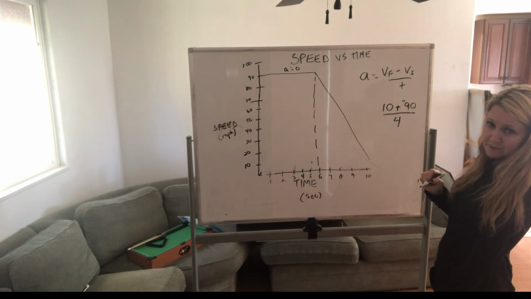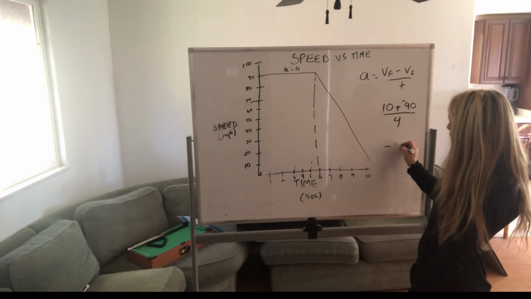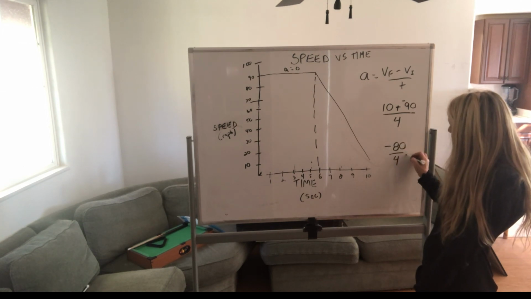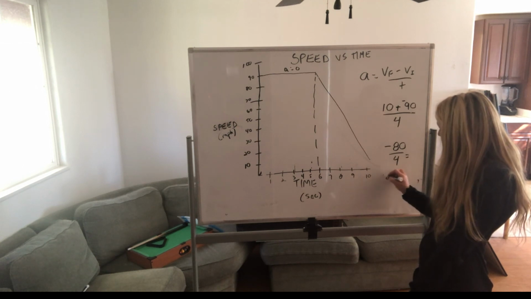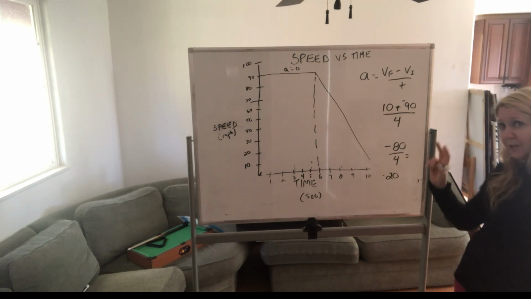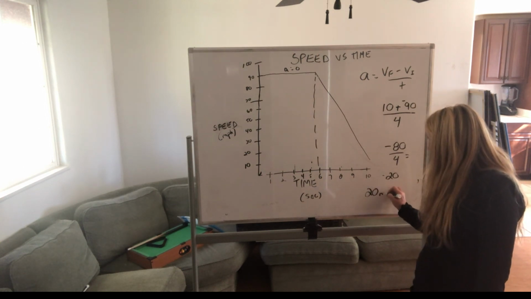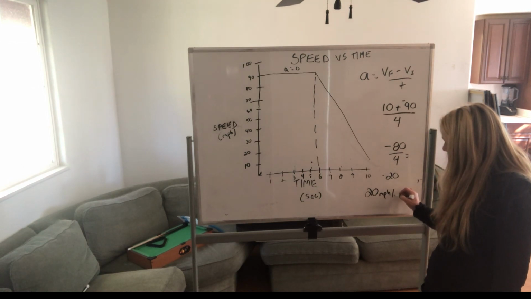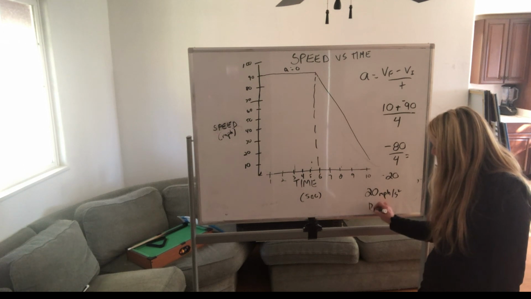You take the sign of the larger number and subtract. So negative 80 divided by 4, which is equal to negative 20. However, like I said, we're not using negative numbers, so it would be 20 miles per hour per second squared deceleration.